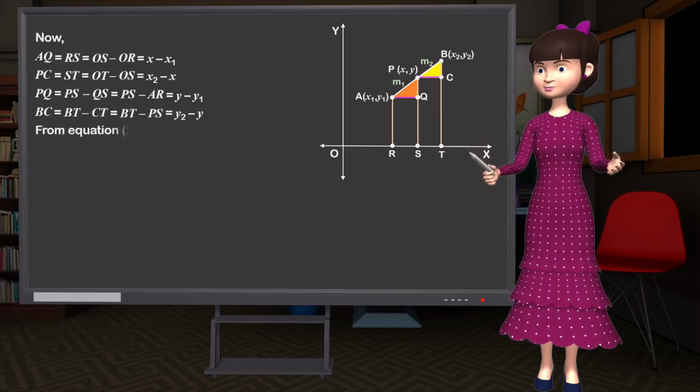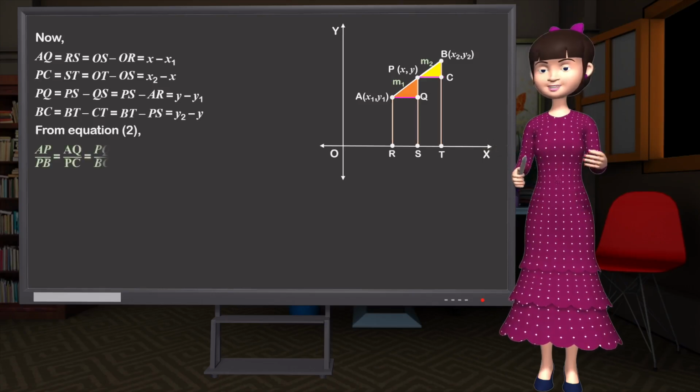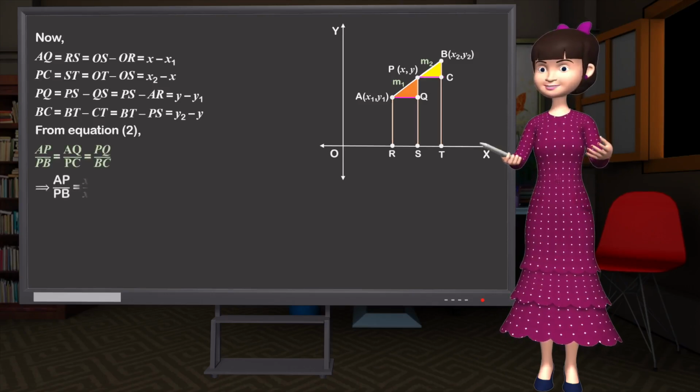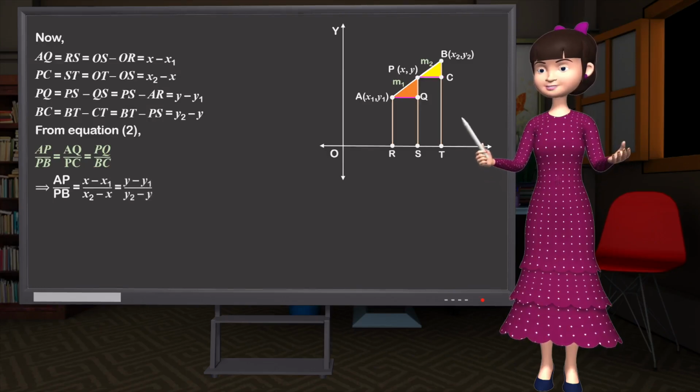From equation 2, AP by PB is equal to AQ by PC is equal to PQ by BC. This implies AP by PB is equal to x minus x1 by x2 minus x, which is equal to y minus y1 by y2 minus y.